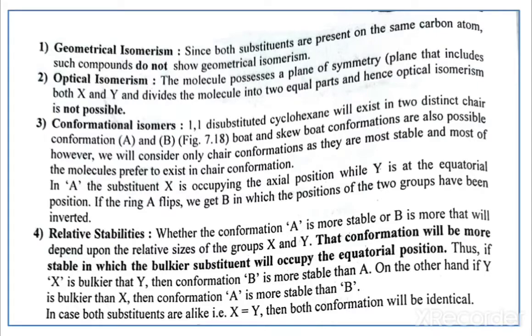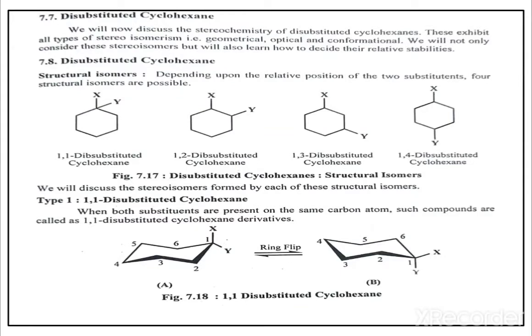If ring A flips, we get B, in which the positions of the two groups have been inverted. Whether conformation A is more stable or B is more stable depends upon the relative size of X and Y.